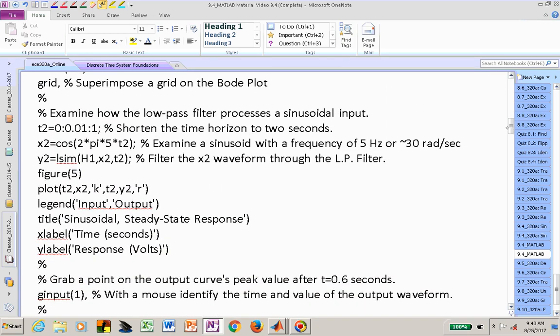Now what we want to do is shorten up our time horizon so that we now have a time horizon of 1 second, since that will give us plenty of cycles since we have a 5 Hertz waveform. Here's our 5 Hertz input waveform, and I am calling this x sub 2. Then once we have that input waveform created, 2 pi times 5 times the time, t sub 2, we can inject that into our system low-pass filter and find the output through this linear simulation function.